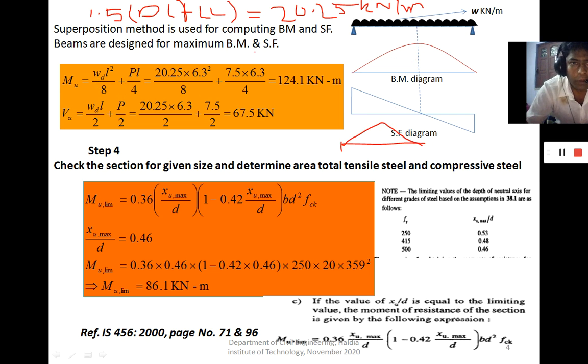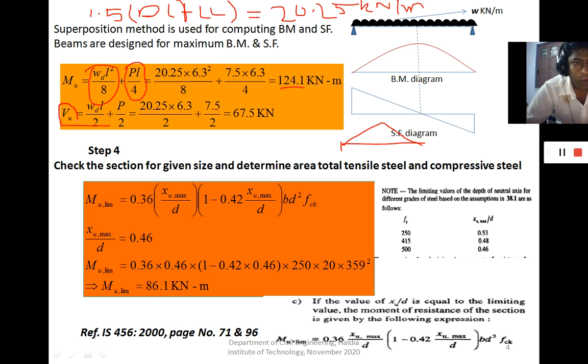That is called the superposition method. This is for UDL, the maximum bending moment at the middle, and this is for point load, which is also maximum at the middle. So we just add and we get the total moment, which is equal to 124.1 kilonewton meter.